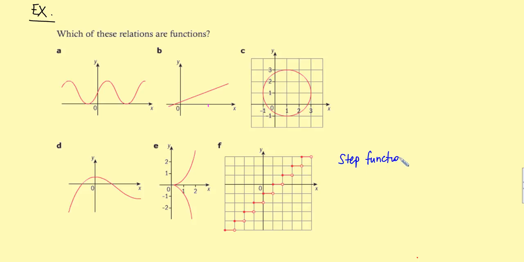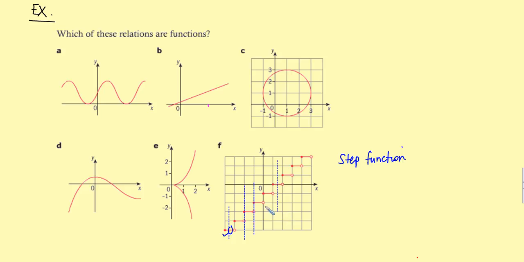So if I were to put vertical lines through the step function, I could put a vertical line right here, and I could put a vertical line right through the 2 points in the step function. And I could put another vertical line right there through the 2 points. And I could put another one over here. Now, what's interesting about this one is that it will work out. The first one works out definitely because that one vertical line only hits the graph at 1 point.